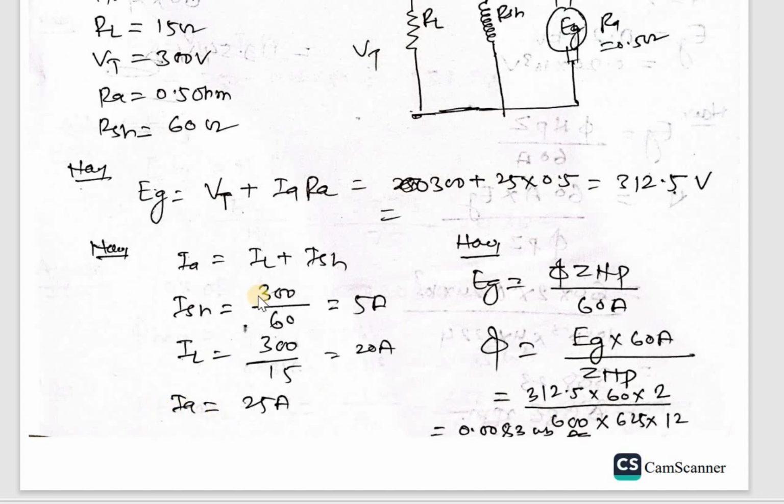So 20 plus 5 is 25, and we know E is equal to phi Z NP upon 60A. Then phi equal to Ez into 60A upon Z NP. So put the value of Ez, A, Z, N, P, we can get the value of phi, and the value of phi is 0.0083 Weber.